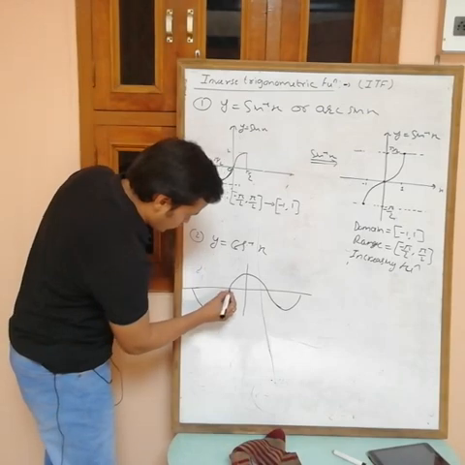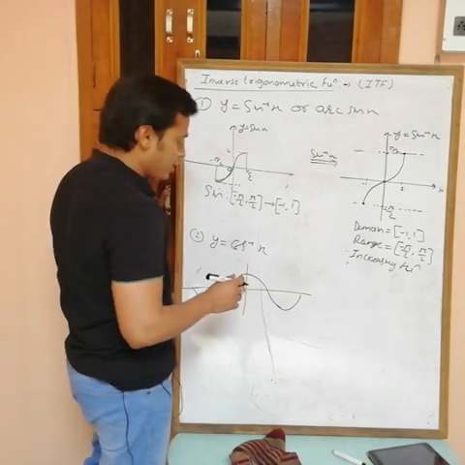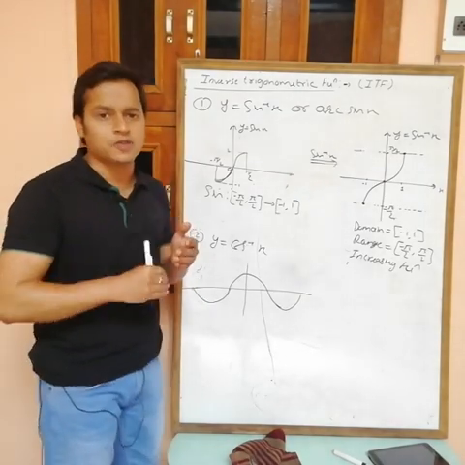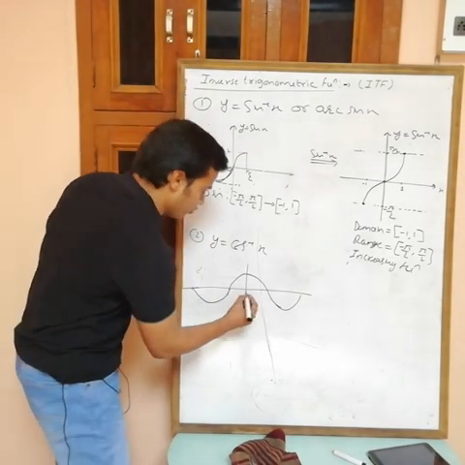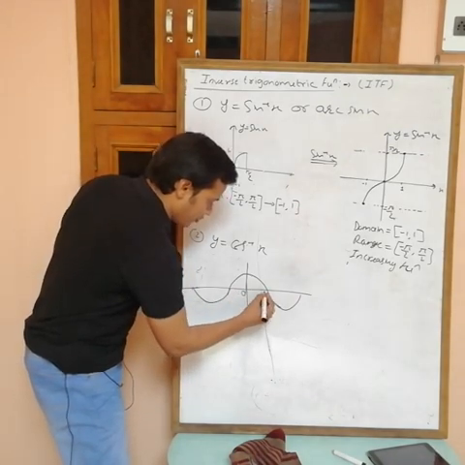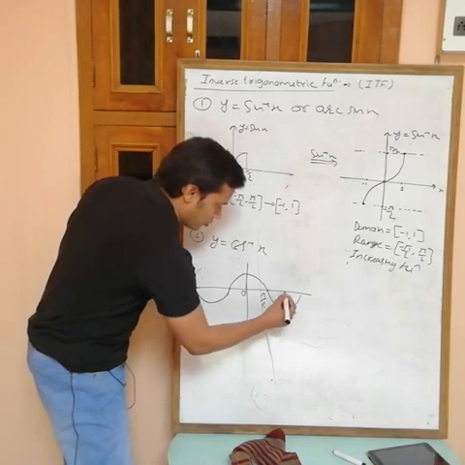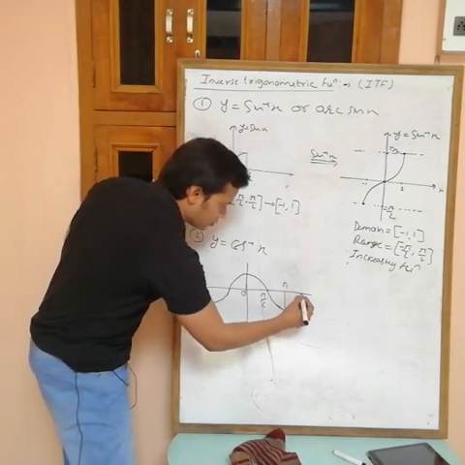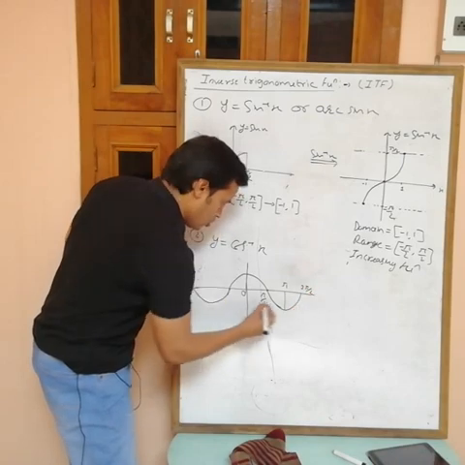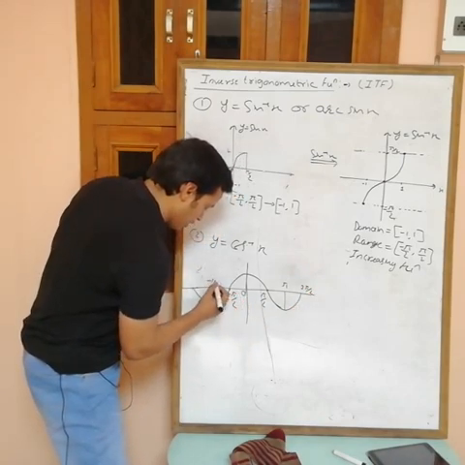Now I can take only from minus pi by 2 to plus pi by 2, or 0 to pi. Now we have two options for redefining: either take 0 to pi or minus pi by 2 to plus pi by 2. This is pi, this is 3 pi by 2, this one is minus pi by 2 and this one is minus pi.